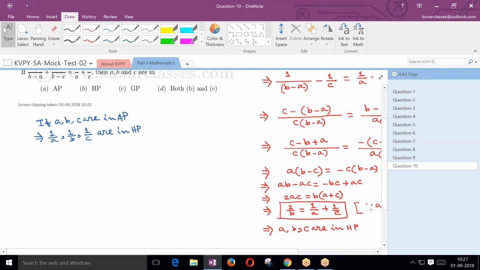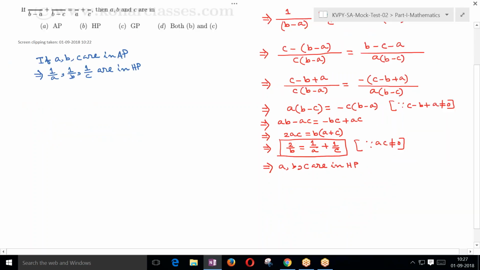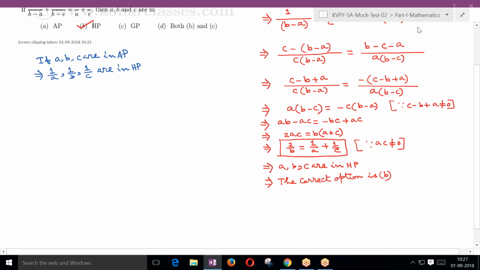So the moment we see that 2 by b is equal to 1 by a plus 1 by c, according to the principle of arithmetic progression, we can say 1 by a, 1 by b, 1 by c are in arithmetic progression. That means a, b, c are in harmonic progression. So the correct option is B. Okay, great. I hope things are clear here.